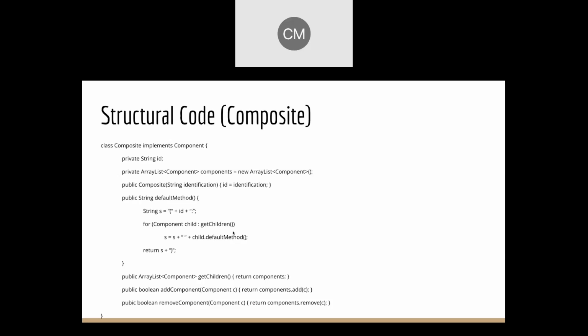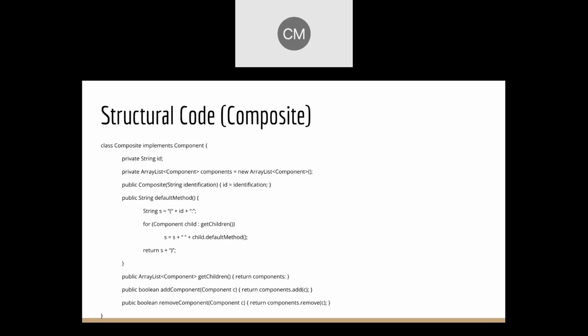So, of course, to implement the composite class, we have class Composite implements Component, because a composite is a component. And we'll have two private variables, being an ID, which is a string, and an ArrayList of Component called components. And public Composite(String identification), that is your constructor, and it will initialize your private variable ID to identification, whatever is entered.